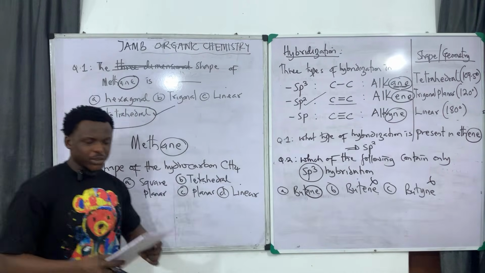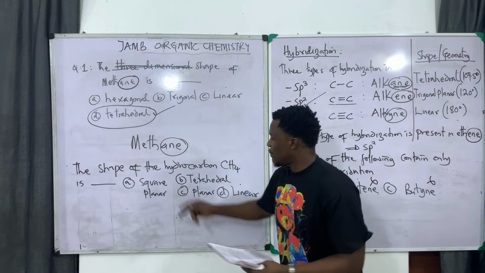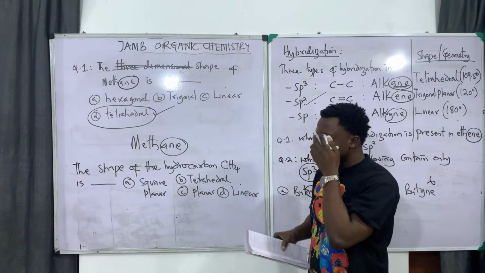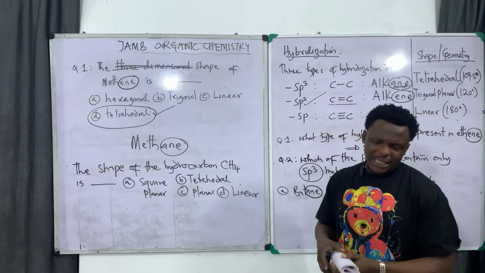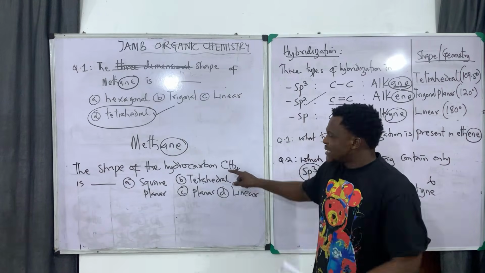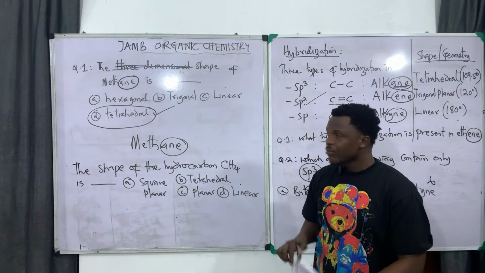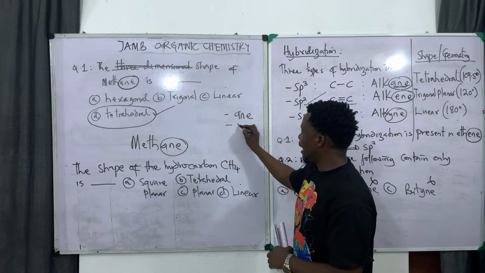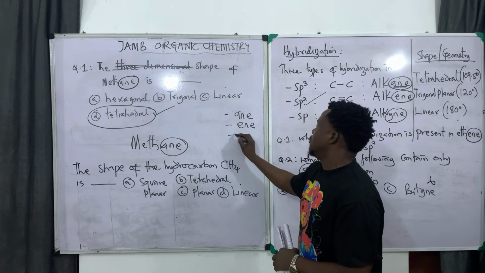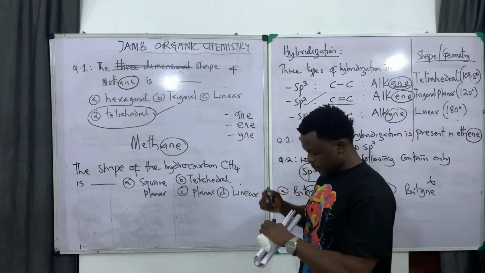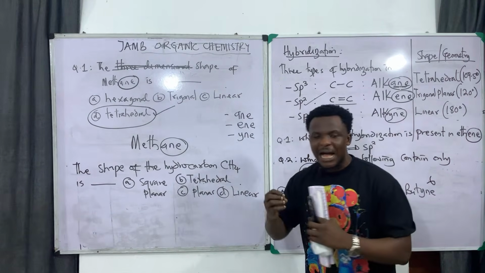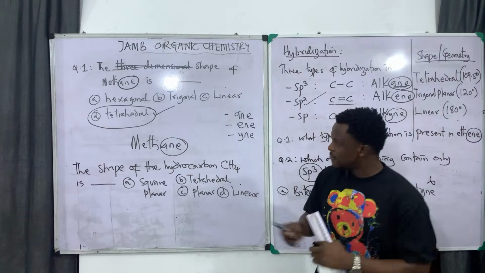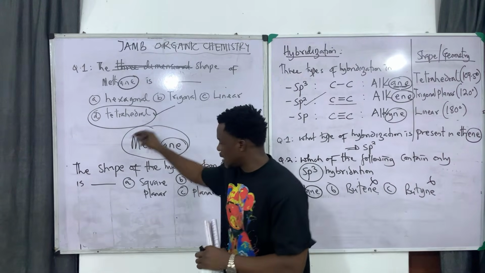Now look at another question. The shape of hydrocarbon CH4. All you just need to do is, what is the name of this hydrocarbon? Does it end with ane? Does it end with ene? Does it end with yne? Every compound has a name. Now, CH4 is methane. That is what we just completed.